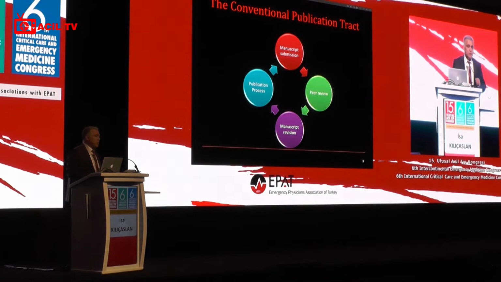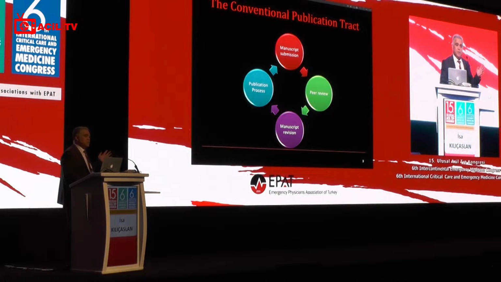Indeed, the conventional publication track involves four main steps. First of all, you should submit the manuscript, and then the peer review process starts. After that, the manuscript is revised, and finally, the publication process starts.